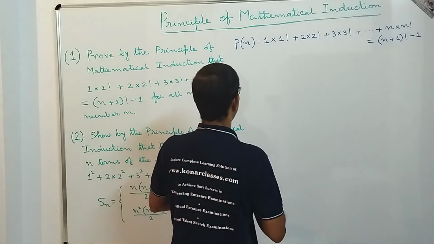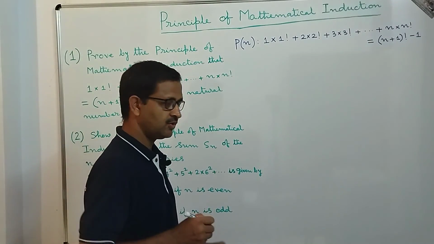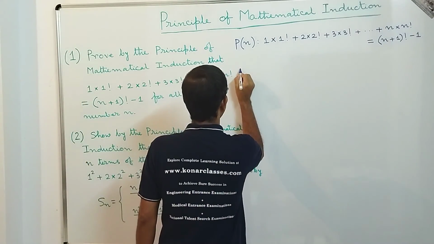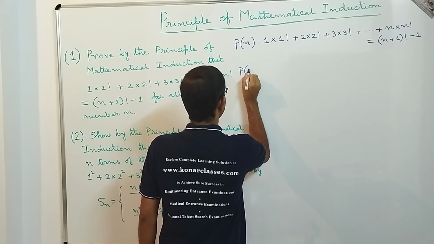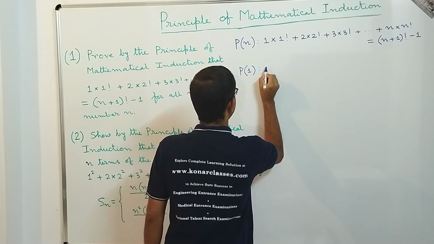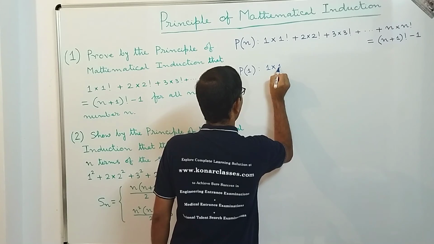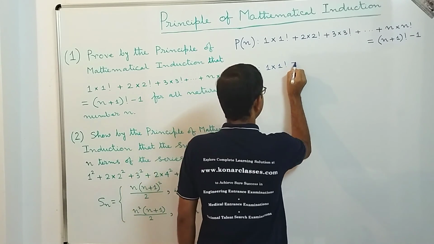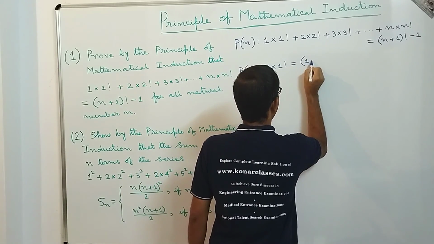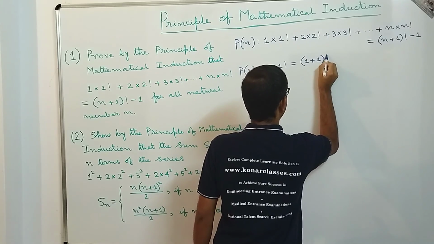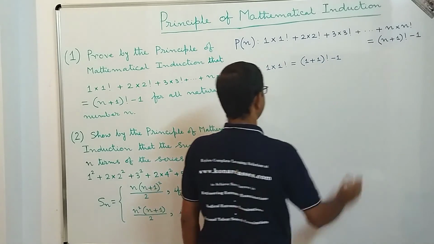Now first we need to prove that P1 is true. So what is P1? P1 stands for the mathematical statement 1 into 1 factorial is equal to 1 plus 1 factorial minus 1.